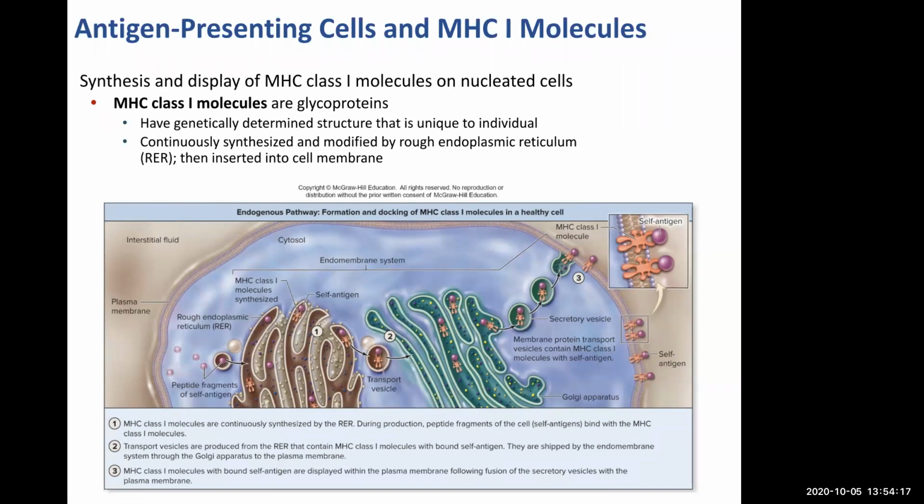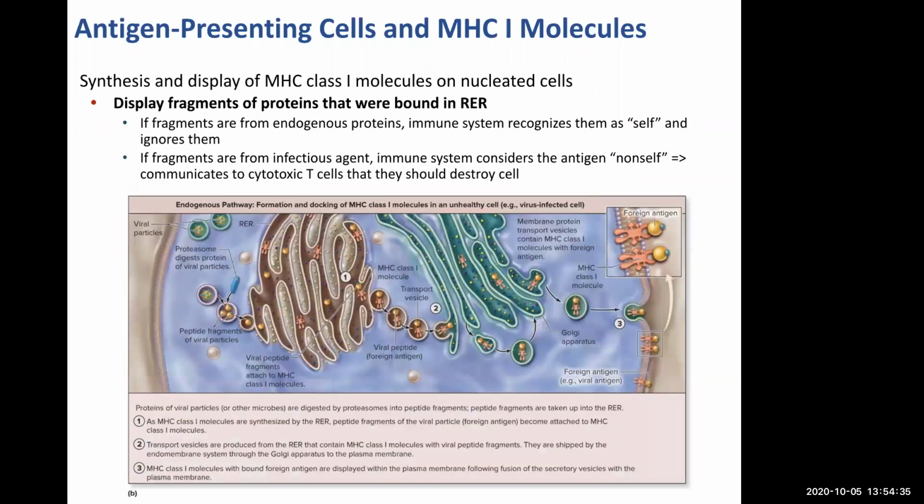Because if one of your self cells is infected with a virus, that antigen is going to be presented to the cytotoxic T cells in the context of MHC class 1, because it's the MHC1 that holds endogenous antigen. Okay?